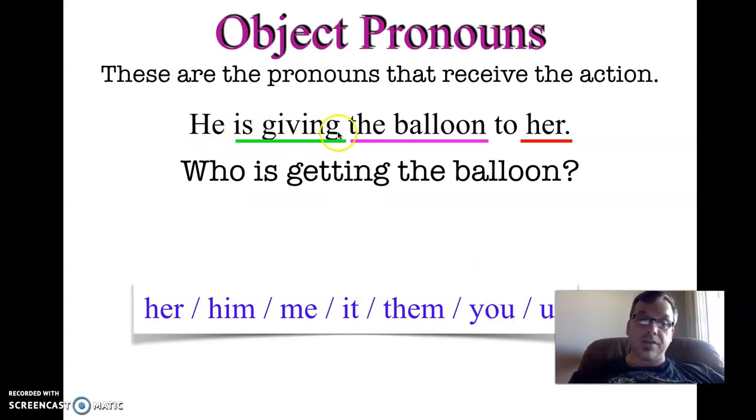So he is giving the balloon to him, to another boy. He is giving the balloon to me. It would be things like possibly cats and dogs or other animals, or just other non-people sort of things, right? He is giving the balloon to them, maybe his parents. He is giving the balloon to you, and he is giving the balloon to us, I'm the speaker, so I'm one of the people.